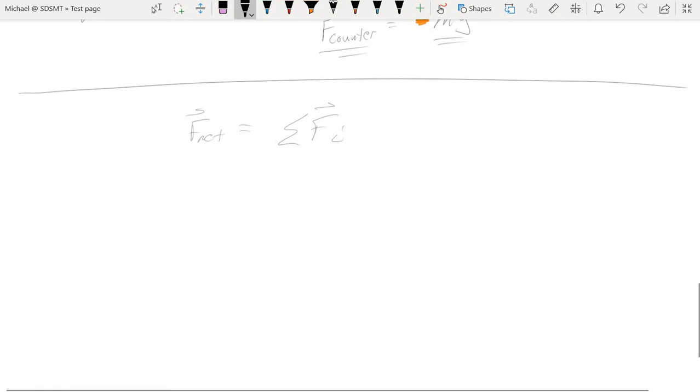Because ultimately we want to take all of these forces, however many forces there happen to be in a system. I'll just stop with 3 here. But if I have 3 forces acting on a mass, all those forces have to get together and they will determine how the mass accelerates.